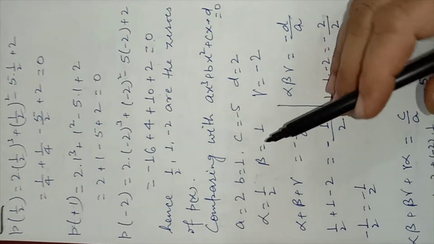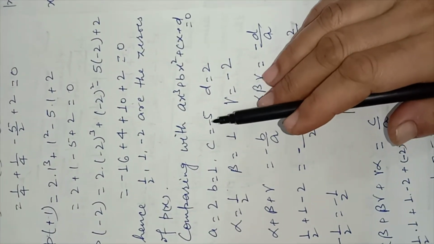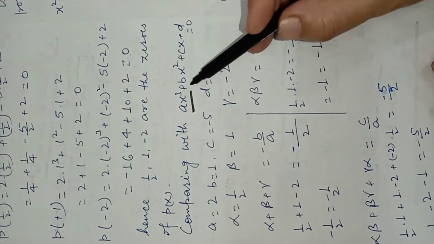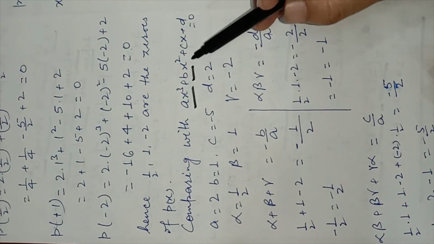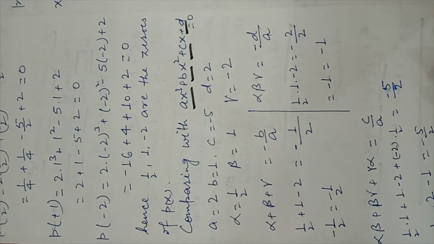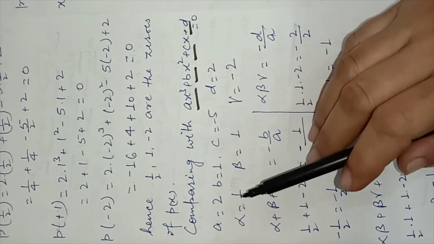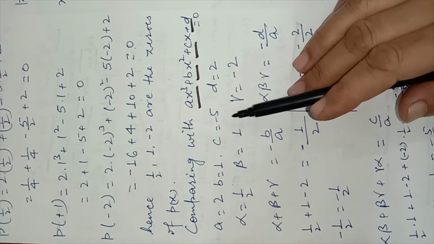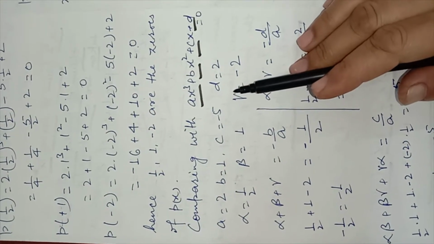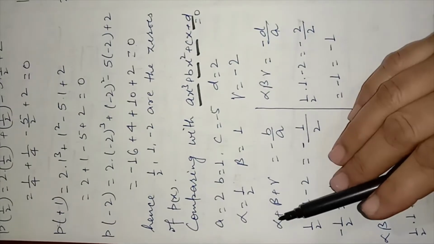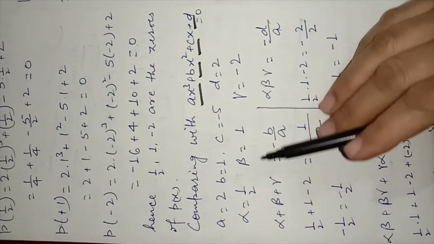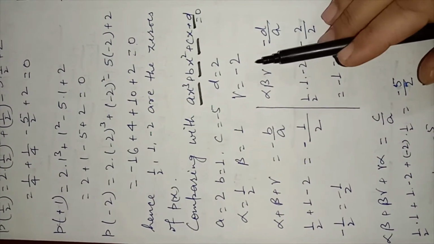Now compare it with the standard form of the cubic polynomial, ax cube plus bx square plus cx plus d equals 0. Here a is 2, b is 1, c is minus 5 and d is 2. Now alpha is 1 by 2, beta is 1, gamma is minus 2.